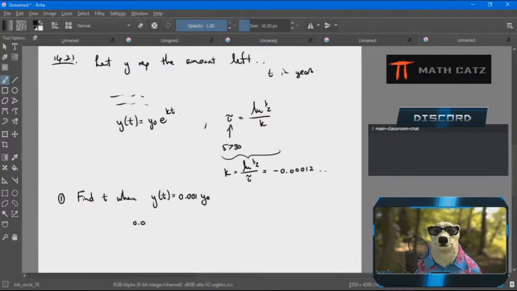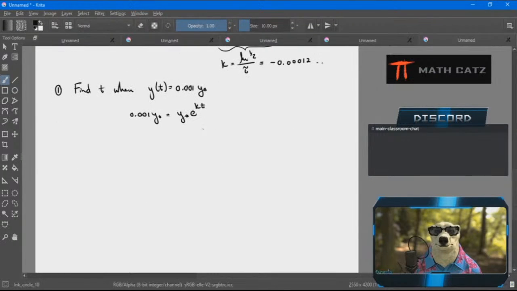That means 0.001 of y0 is y0 e to the kt. Sorry, I want t. I have k. And again, I see I don't need the initial amount. e to the kt is 0.001.